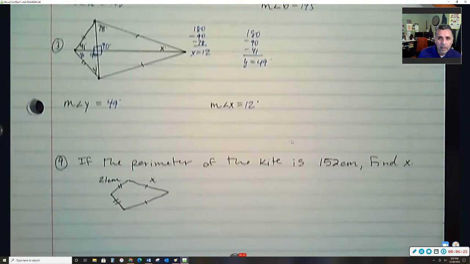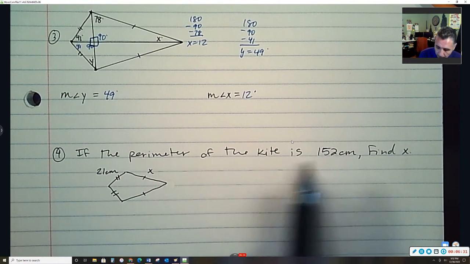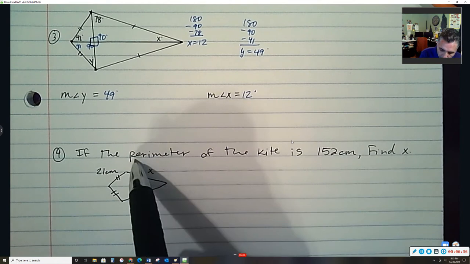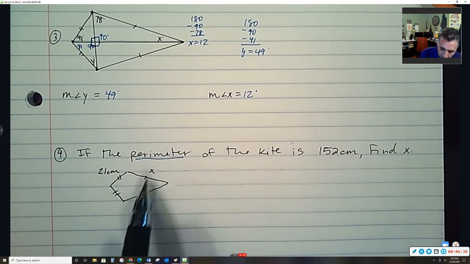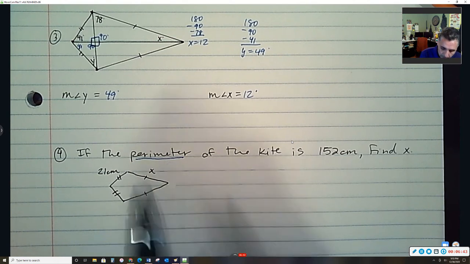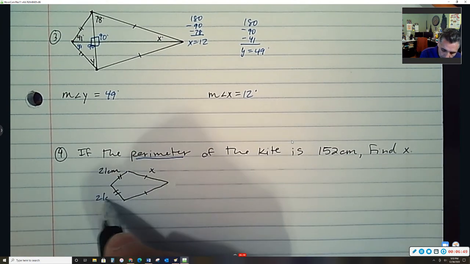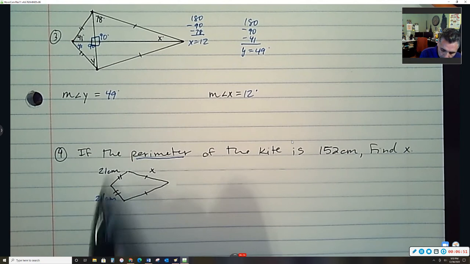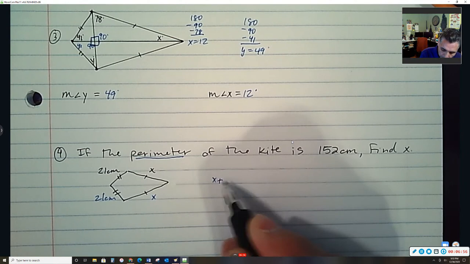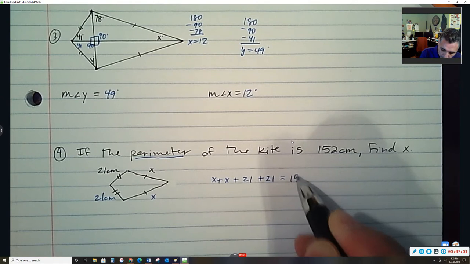And then the last one says, if the perimeter of the kite is 152 centimeters, find x. Well, you have to remember, perimeter means when you add up all the sides. And then remember, for a kite, I know these two are the same, and these two are the same. So technically, when you add up all the sides, you get the perimeter.